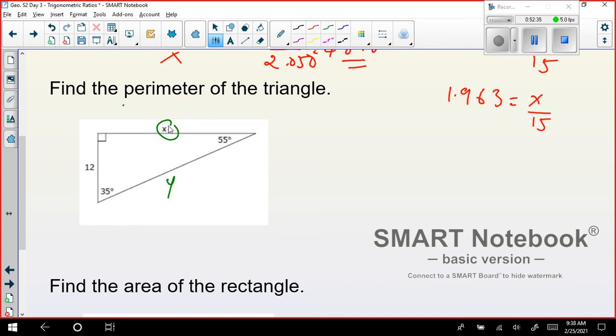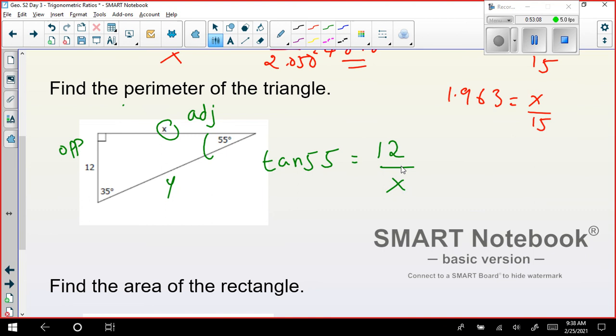So first let's find x using one of the reference angles. With regards to this 55 degrees, this is opposite and this is adjacent. You can choose either 35 or 55. Any of the reference angles is fine. So whenever opposite and adjacent are involved, we'll use tan. Tan 55 is opposite over adjacent, which is 12 over x.